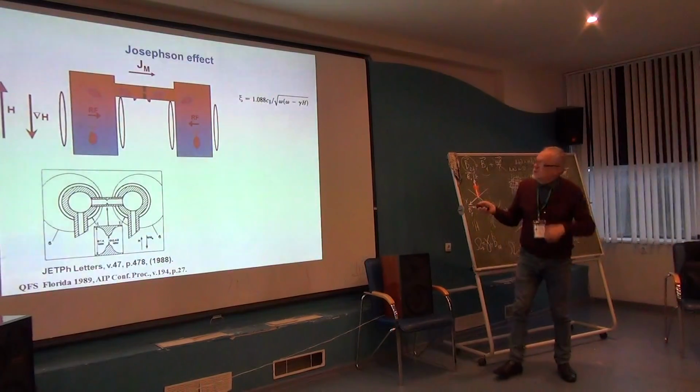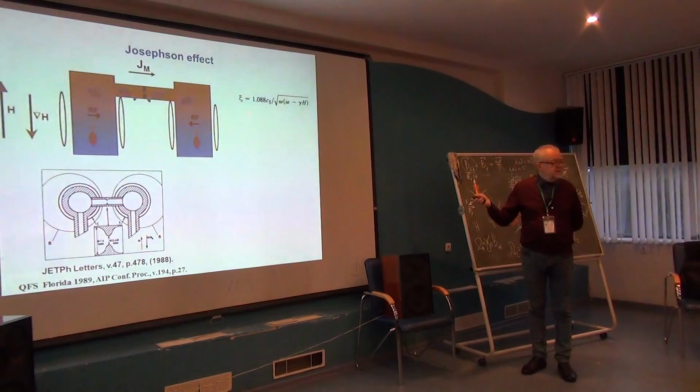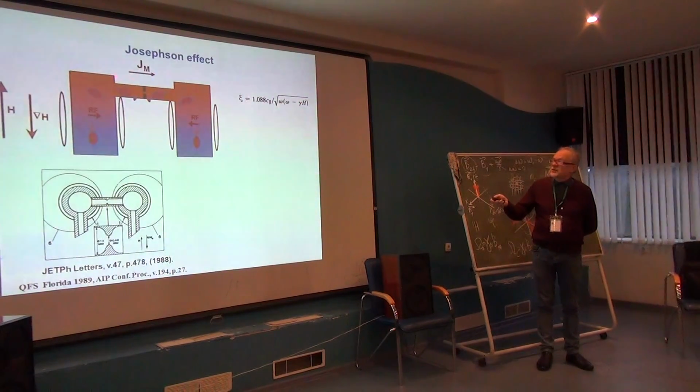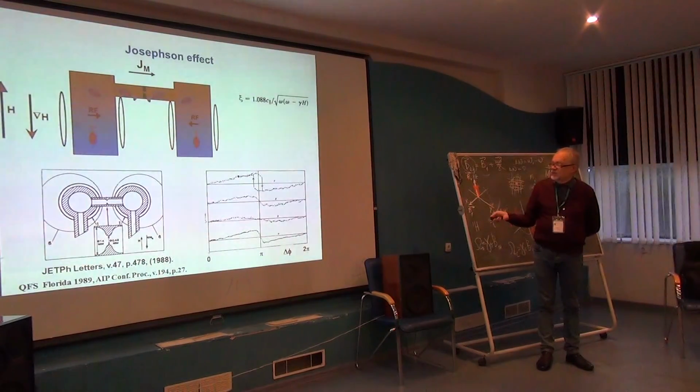And we can also have the coherence length, which is changeable, because coherence length depends on the difference between the Larmor frequency here and the radio frequency of pumping. The bigger this difference, the smaller the coherence length. So we have made the coherence length correspond to the hole, and then we have a very nice Josephson effect.